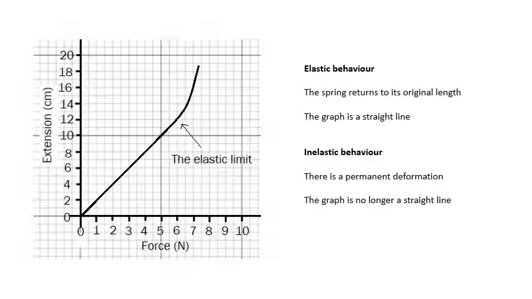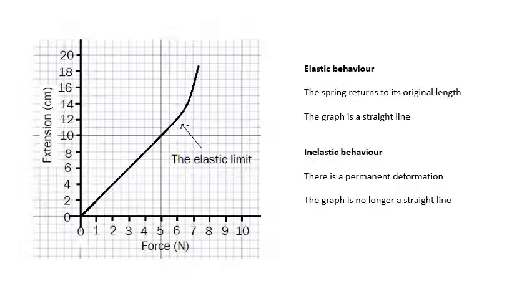Now, behaving elastically means that it returns to its original length. At GCSE level, it also means that the graph is a straight line. So elastic behavior, the spring returns to its original length, the graph is a straight line. If you put too much force on our spring, then it will be permanently deformed.